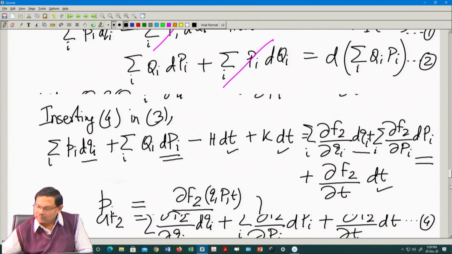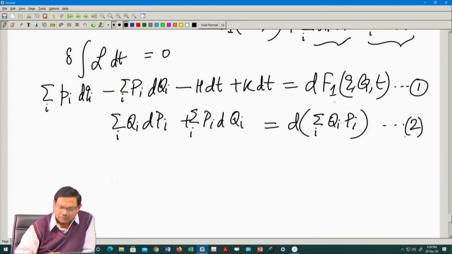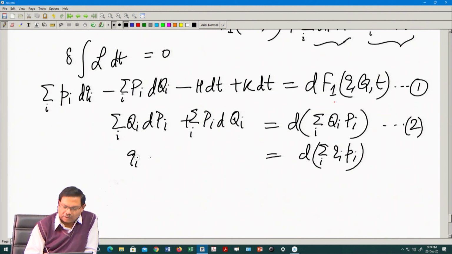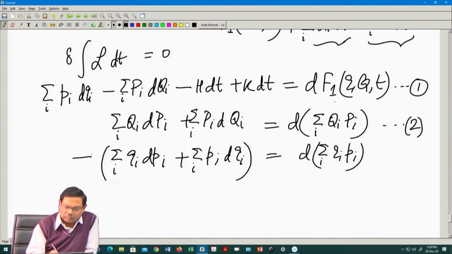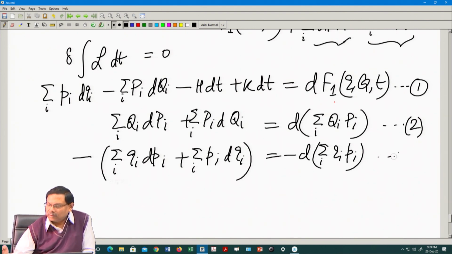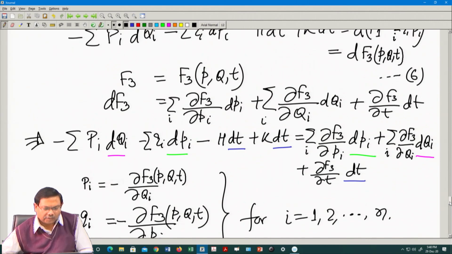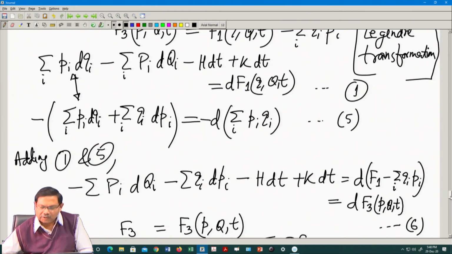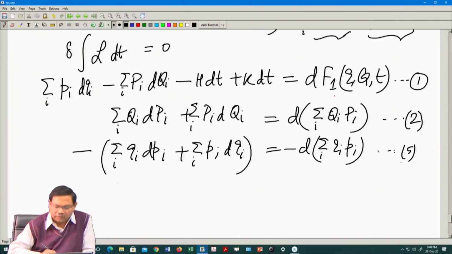And we also require sum over Q_i P_i, so sum over Q_i dP_i plus P_i dQ_i with a minus sign on both sides, and this also we have used earlier, and we called this equation 5. Okay.